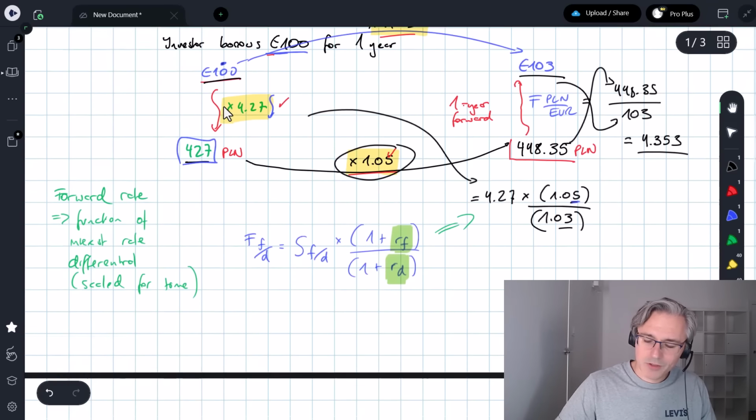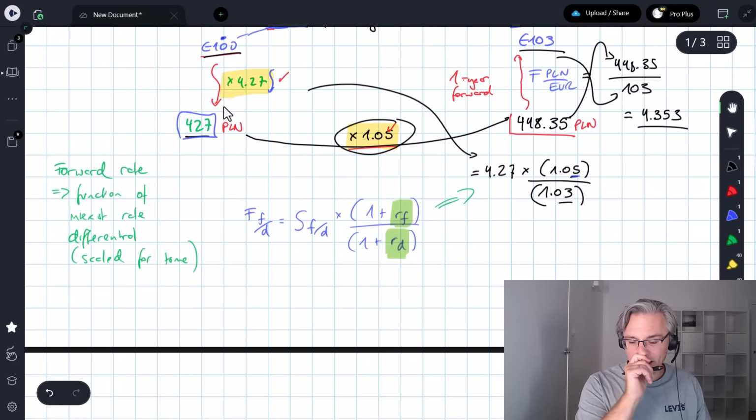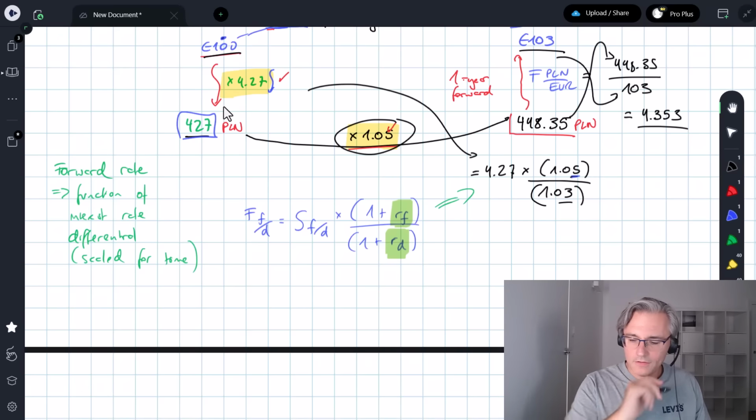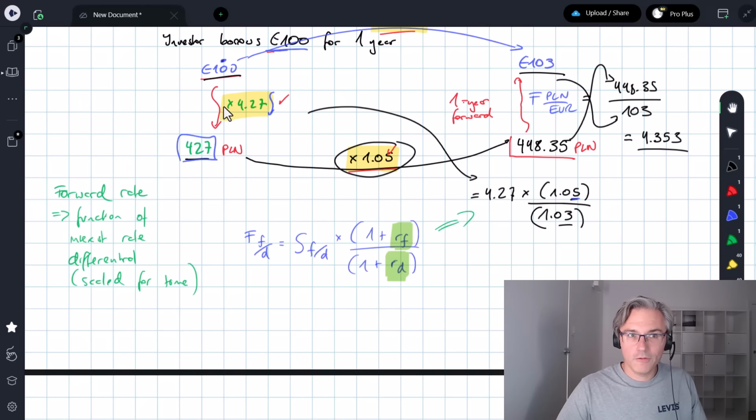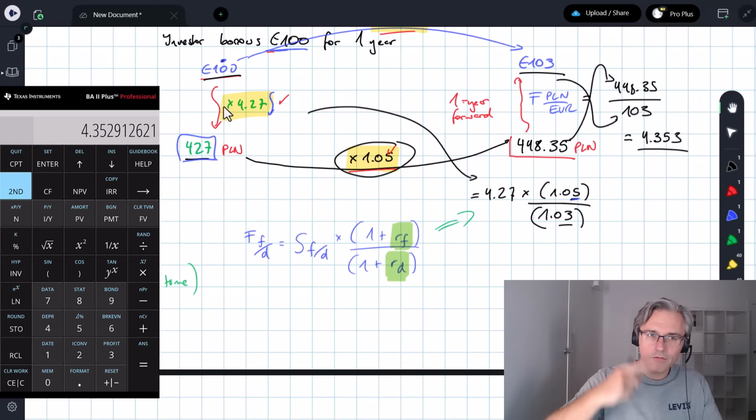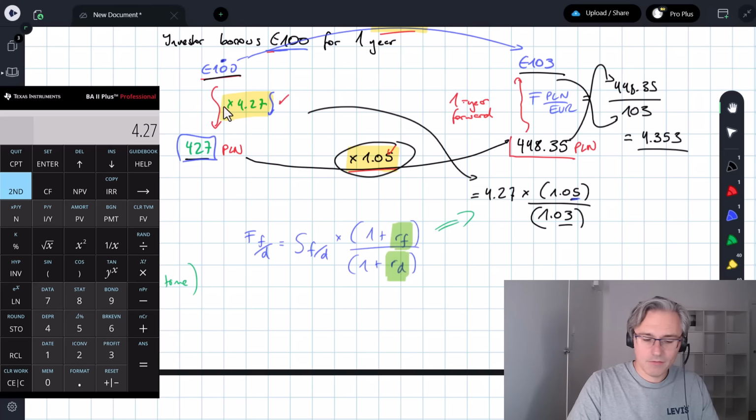And what people sometimes do, and this may save you time in the exam, is if you want a quick and dirty way of computing what should be the forward rate, instead of going through all of this, just take the spot rate, 4.27 as it was, and multiply by 1.02, and that will give here 4.355.